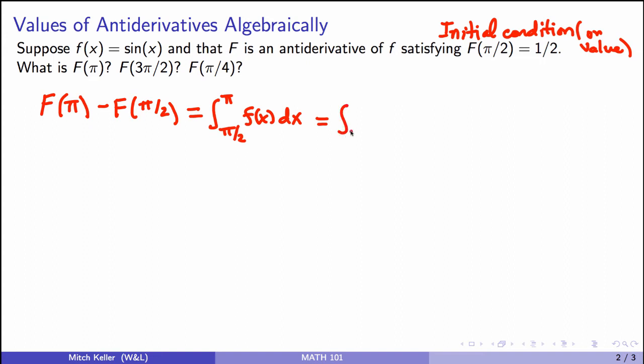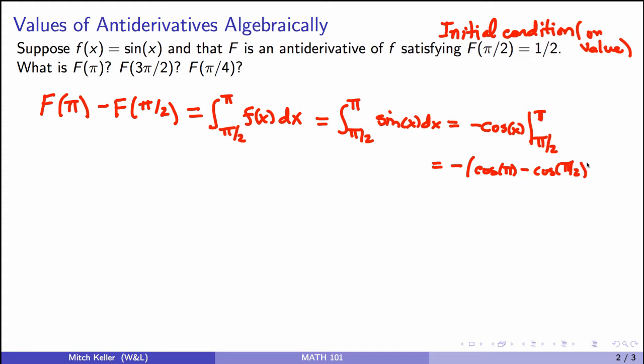Here we actually know what little f is, so we can put in sine x dx, and then the Fundamental Theorem of Calculus helps us evaluate this by using any antiderivative, not necessarily big F. That tells us we have minus cosine of x evaluated from pi over 2 to pi, which is minus cosine of pi minus cosine of pi over 2, which is then minus 1, minus 0, so that's 1.